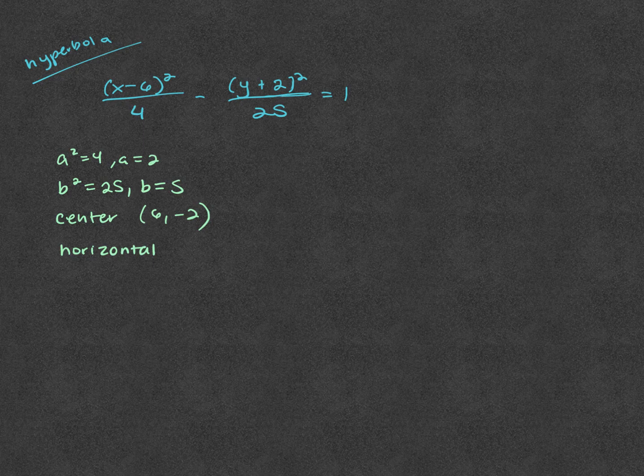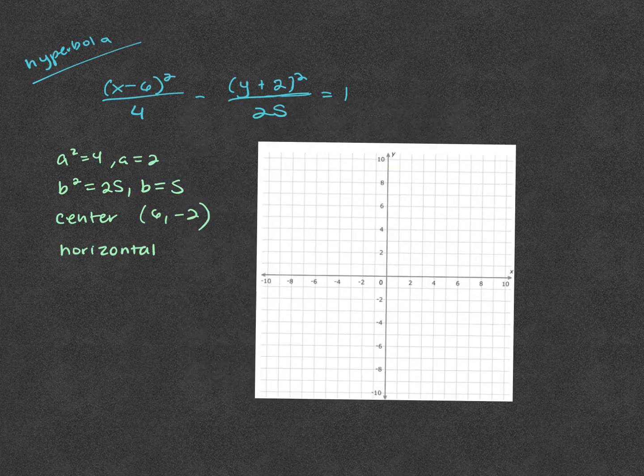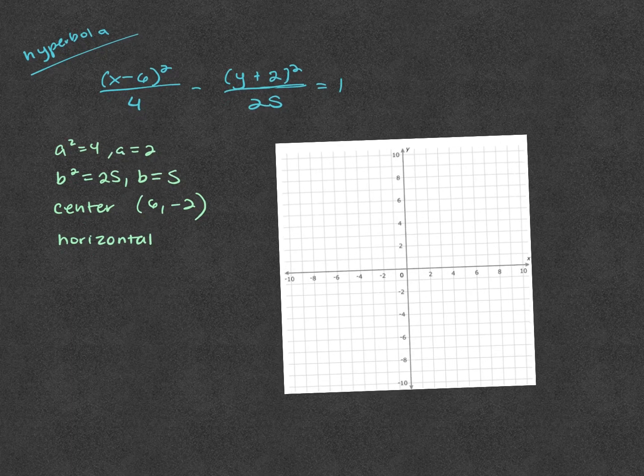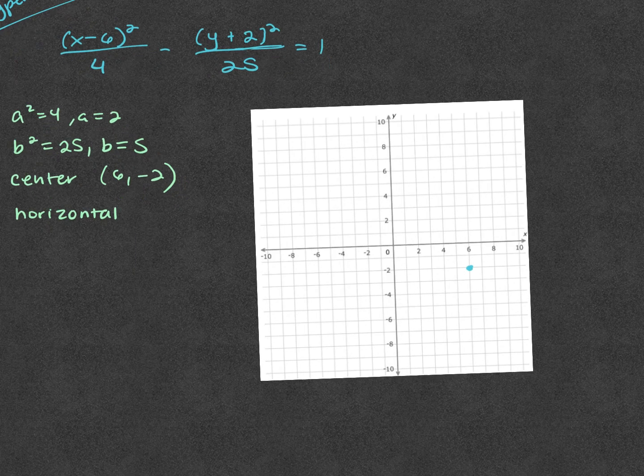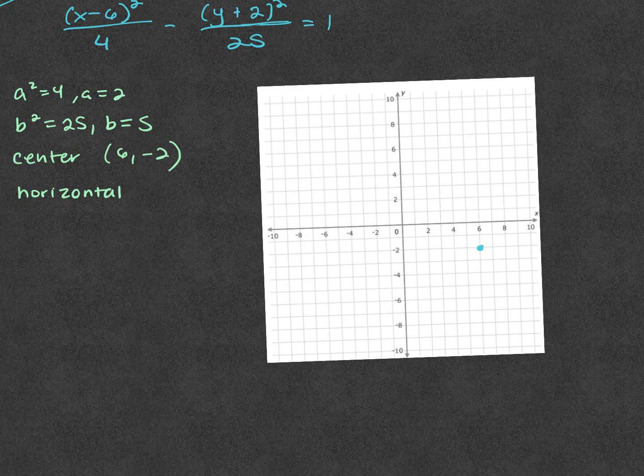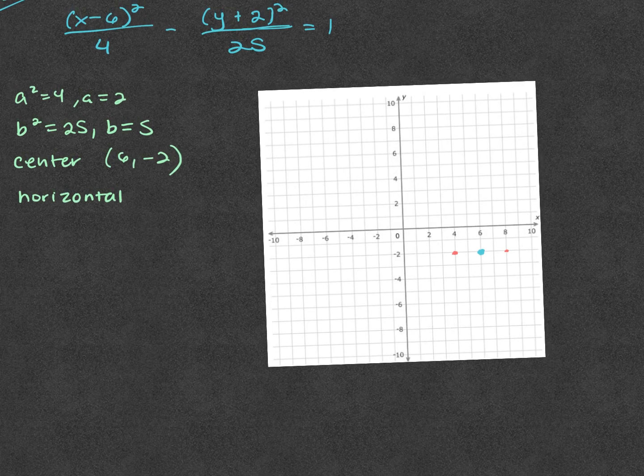Now I bring in the graph again. Center, 6, -2. Horizontal, so I go right and left the A, which was 2, up and down the B, which was 5.